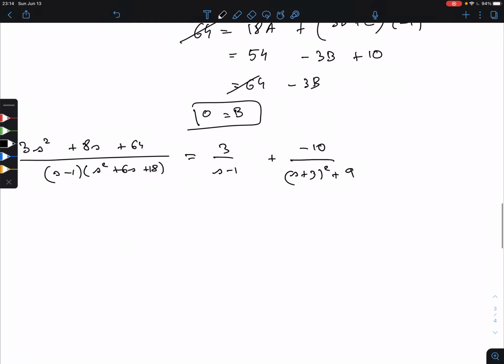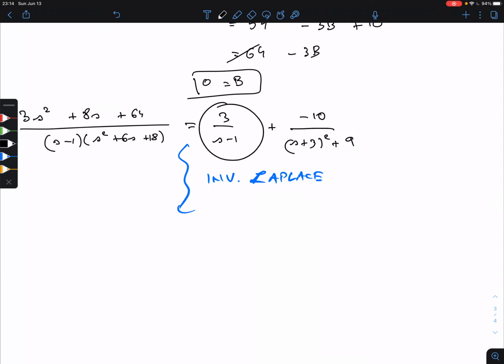Okay. Now we have to do the inverse Laplace. So the inverse Laplace. What is that? Well, this one, they have a 3 here. It's a single power, so it is actually 1 shifted by, so here a is 1, so e to the 1t.